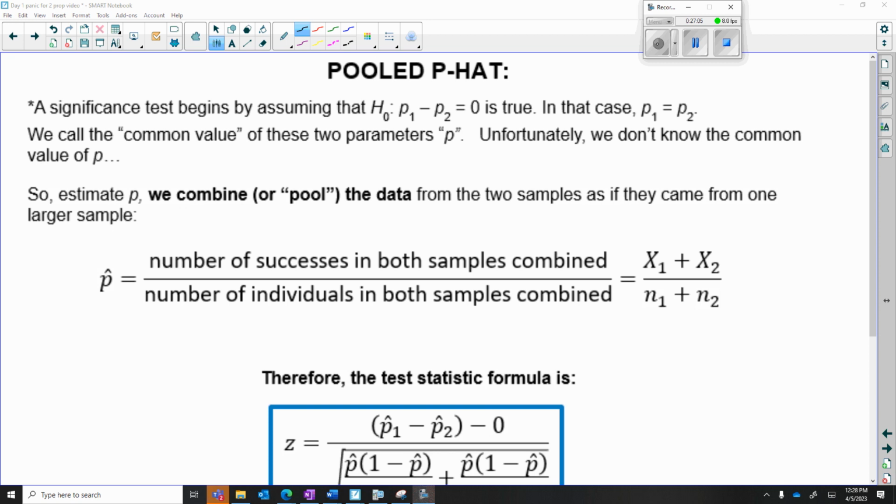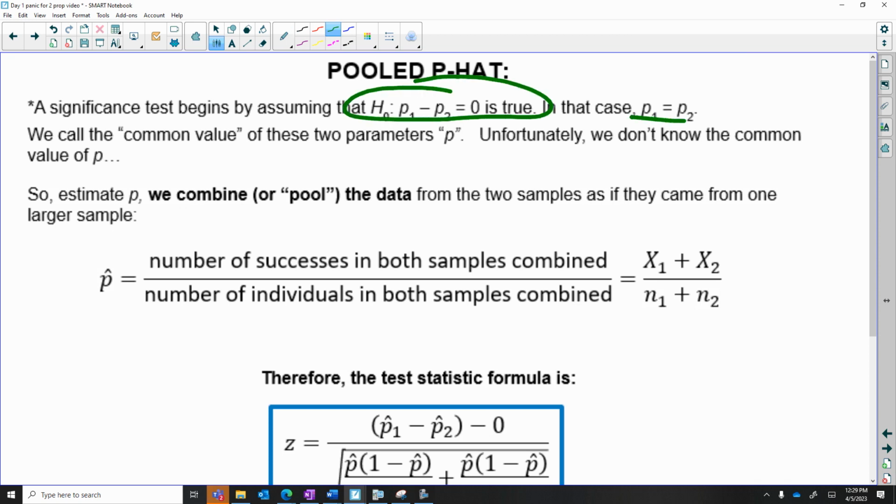So what is p hat pooled? What does that really mean? Basically, we are assuming that p1 equals p2 in the null. That is what our null hypothesis says, that there's no difference between the two. Because we're assuming they're equal, we can combine the two pieces of data from the two samples into one.